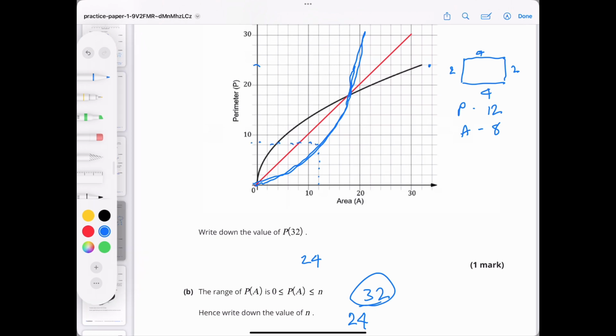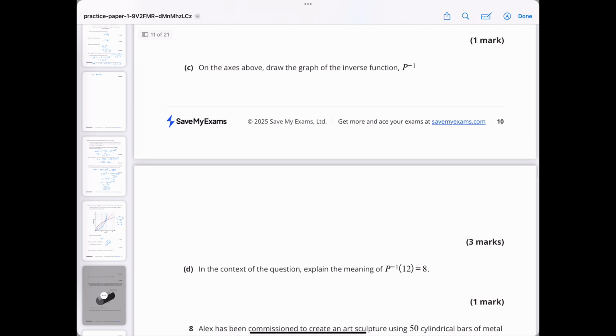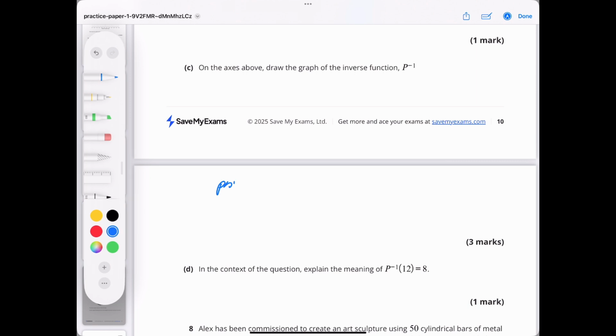When you look at the inverse function on the graph, you'll see that where the perimeter equals 12, the area equals 8.